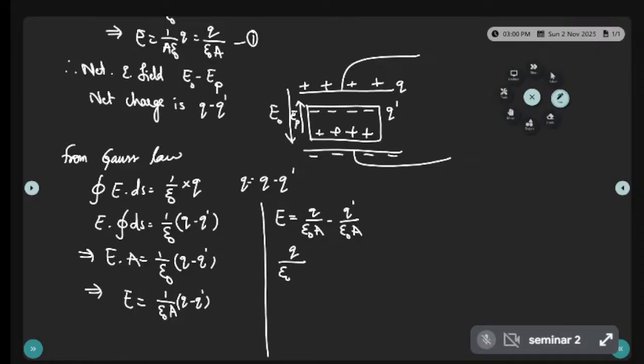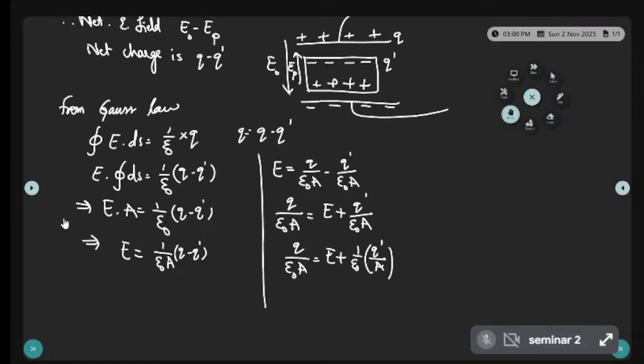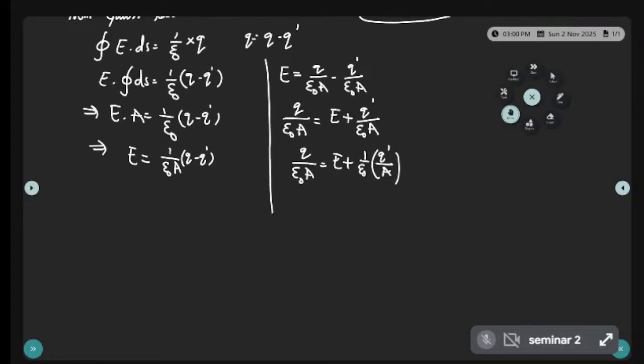Q by epsilon naught A is equal to E plus Q prime by epsilon naught A, that is, Q by epsilon naught A is equal to E plus 1 by epsilon naught into Q prime by A.